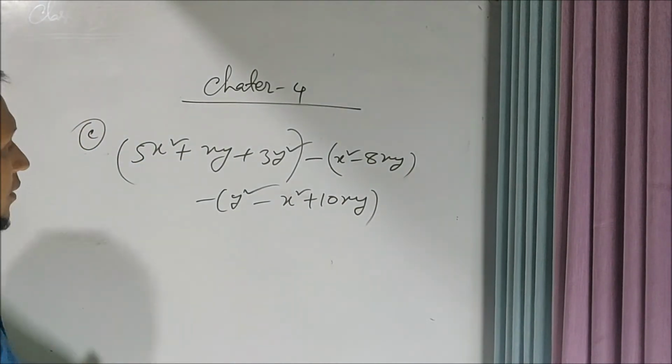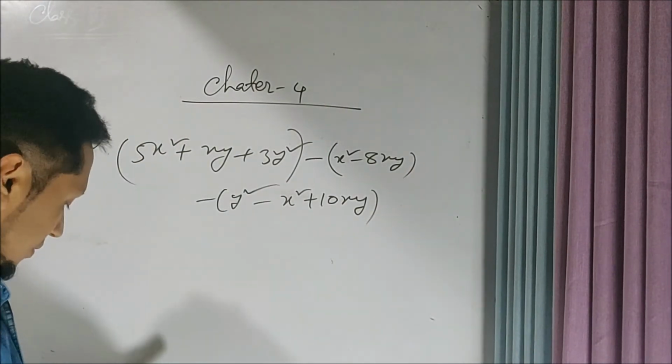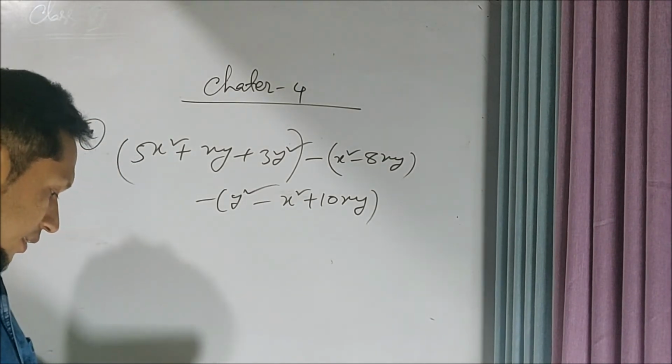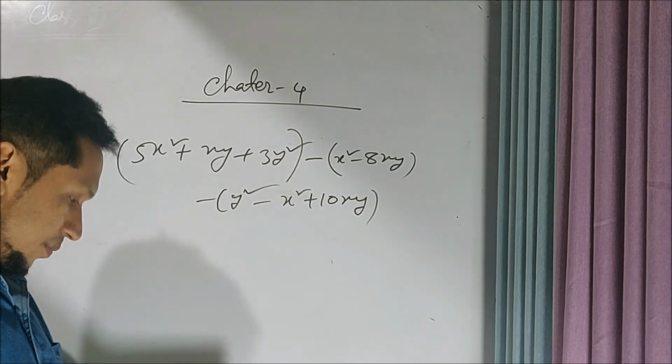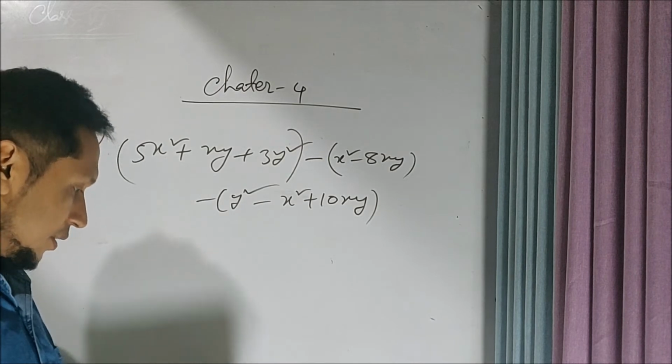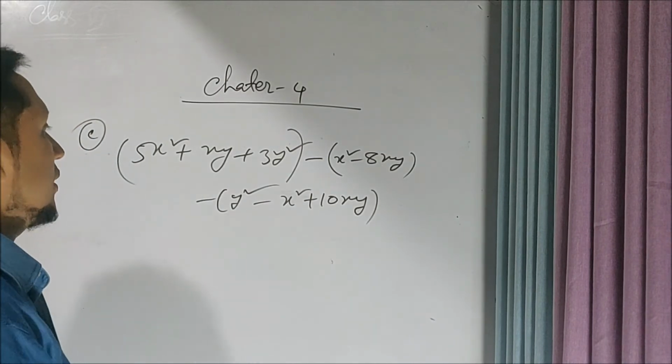This expression is given. The question says simplify it. That is, we have to simplify it, and then in the simplified value we have to put x equal 2 and y equal 1.